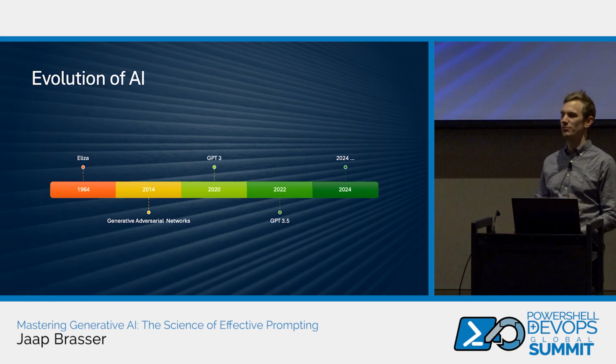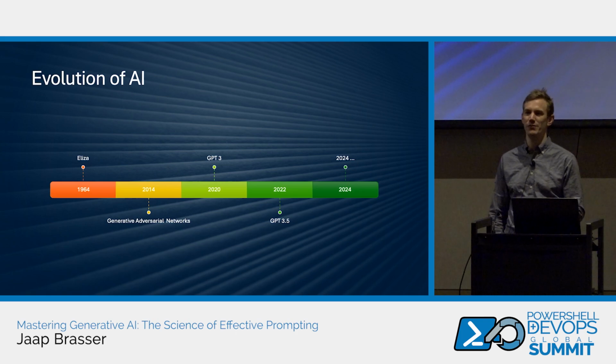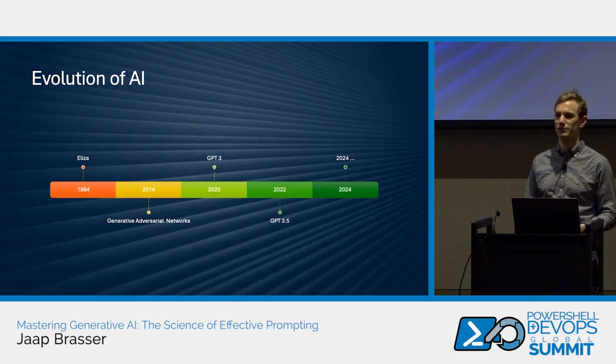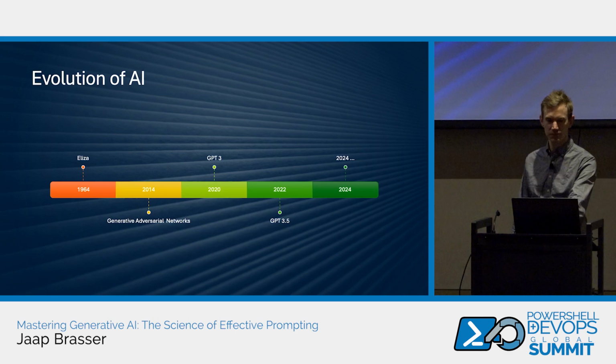But as most of us will be aware, the real big kicker came at the end of 2022. I remember at the time I was at AWS re:Invent. This came out, and GPT 3.5 was really a game changer, where it got out with some good results.